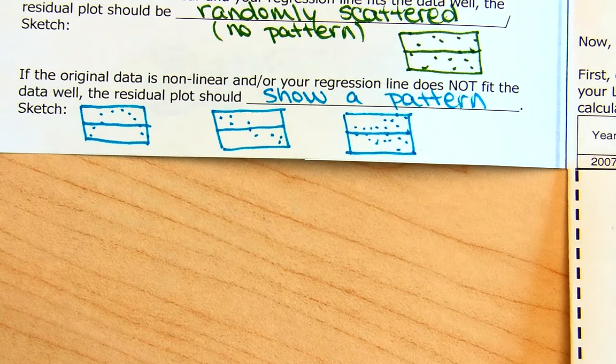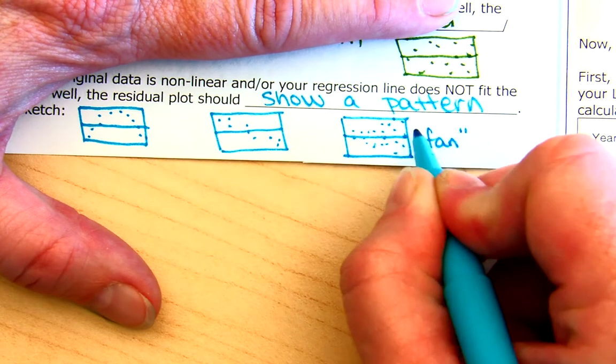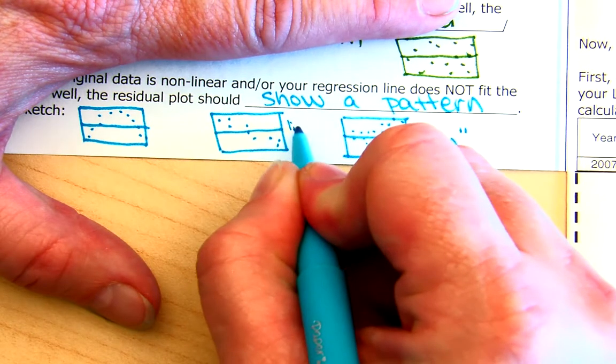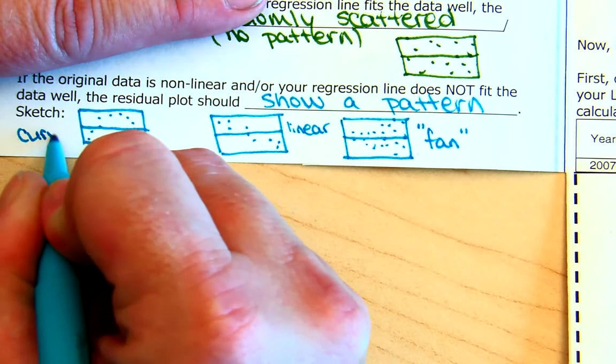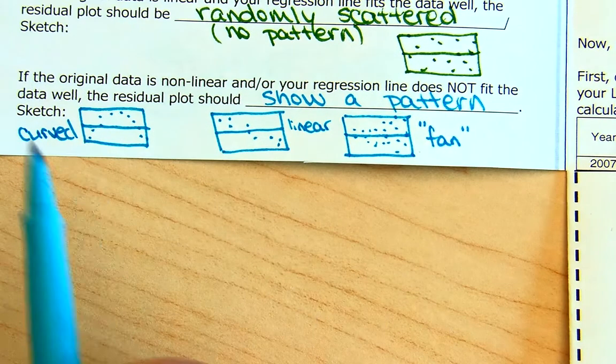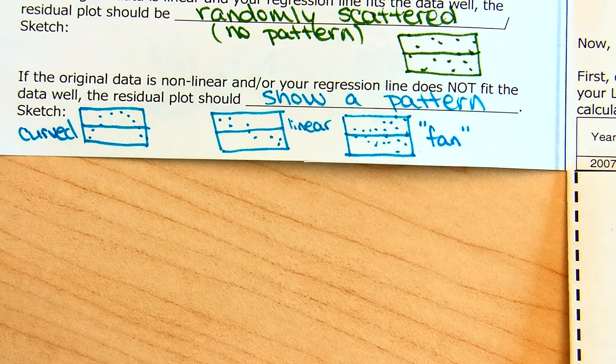We call it a fan pattern. Usually one of these three: a curved pattern, a linear pattern, or a fan pattern.